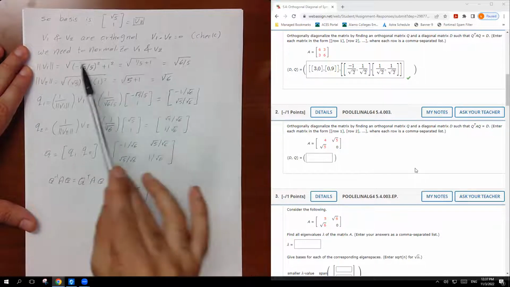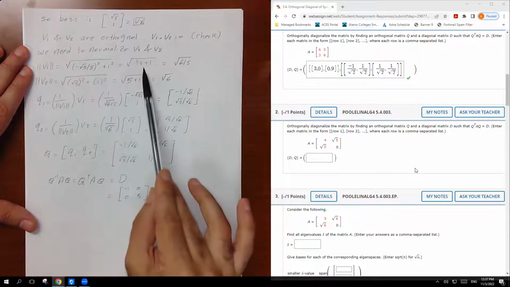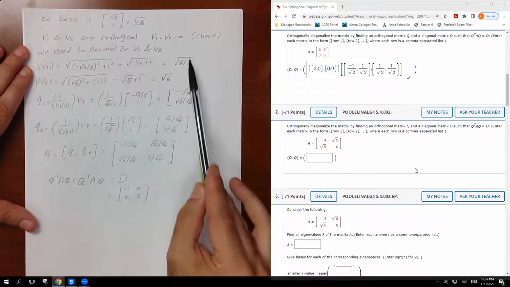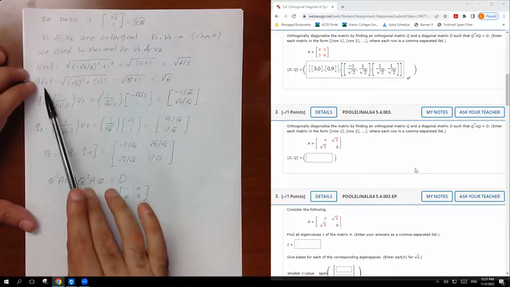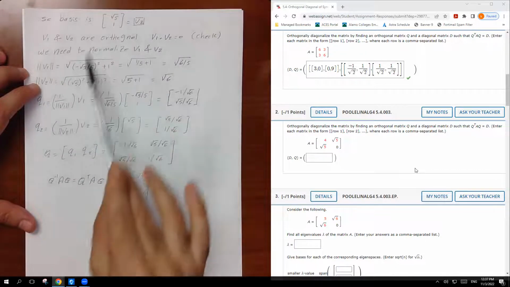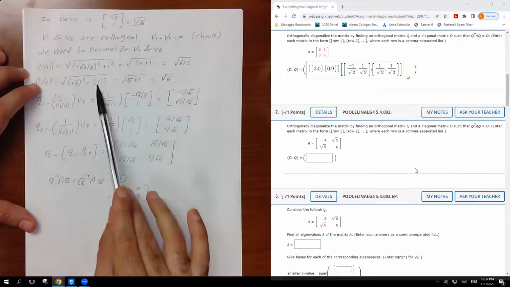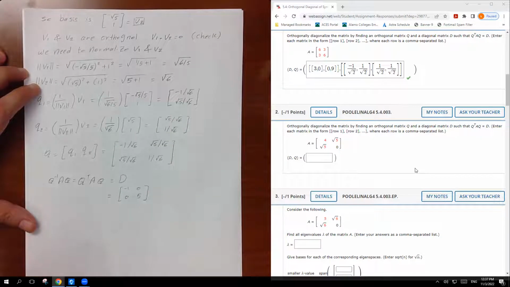So it's going to be 5 over 25, which is 1 over 5, plus 1, which is square root of 6 over 5. Then the length for v2 is going to be square root of 5 squared plus 1 squared. So 5 plus 1 is going to be square root of 6.